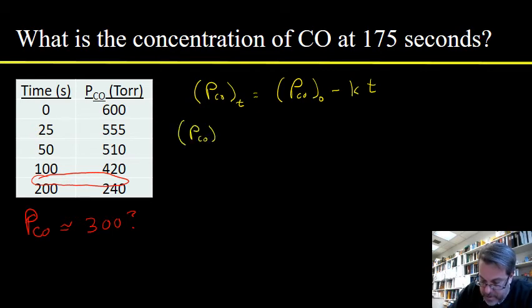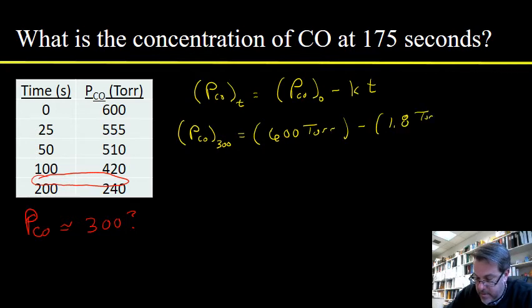So the partial pressure at 175 seconds is equal to 600 Torr minus 1.8 Torr per second times 175 seconds.